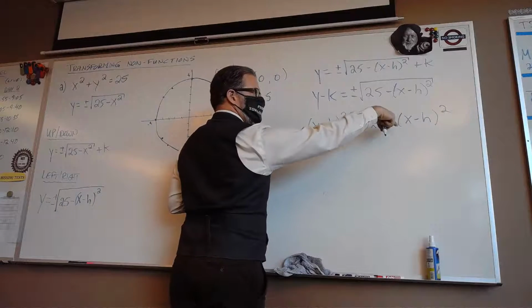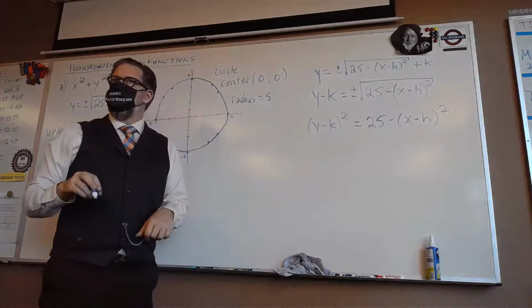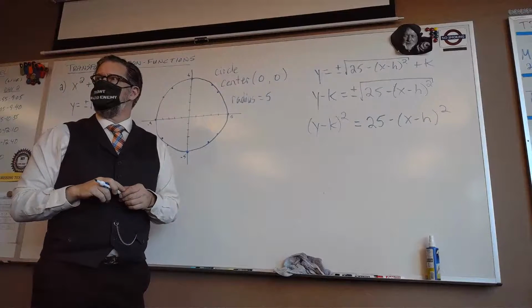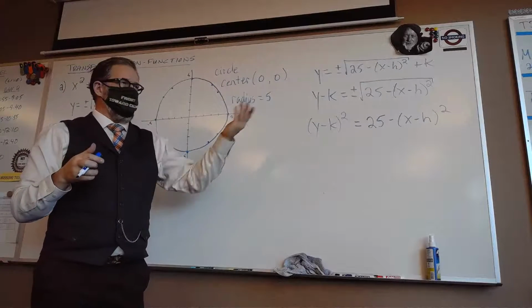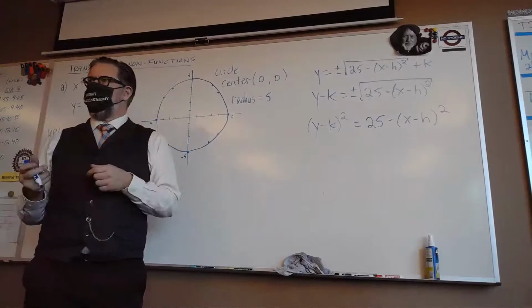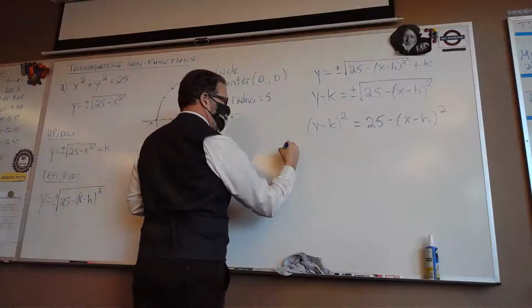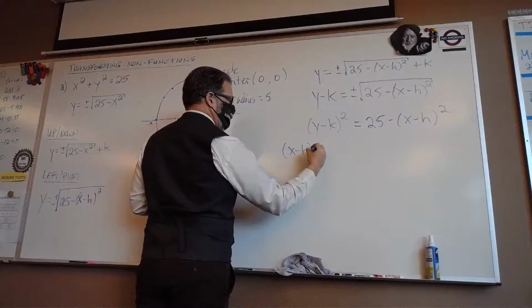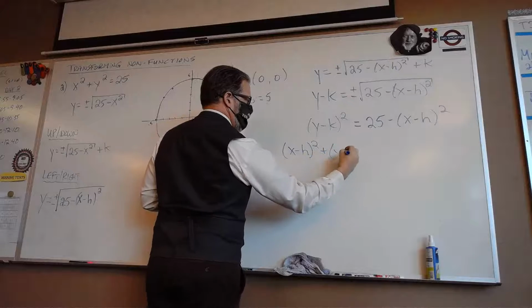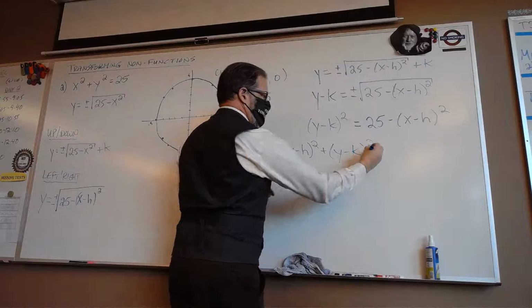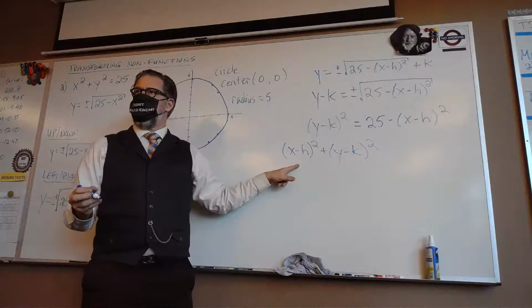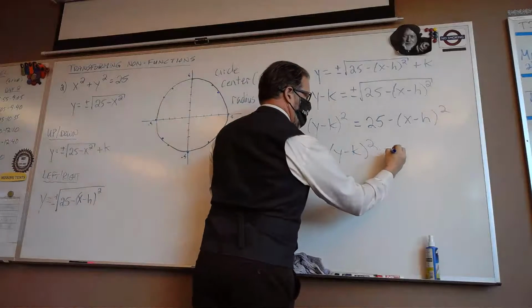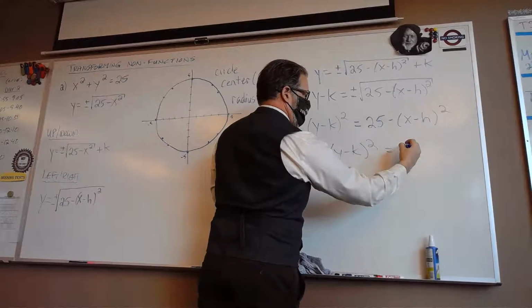Guys, is it okay to just add that whole thing? Sure, why not? It's subtracted from one side, and I can just add it to both sides. So now I'm adding (x minus h) squared to both sides, which means that this side is just those two things added together. And the other side, since I added that, it's gone away.